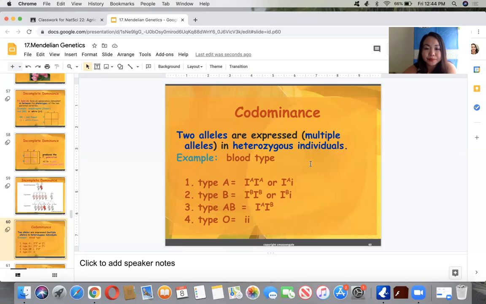Well, what I know is it's not as certain as in humans when you speak of blood type. So definitely for the blood type of humans, we have type A and type B with IA and IB, type AB with A and B, and type O with I.